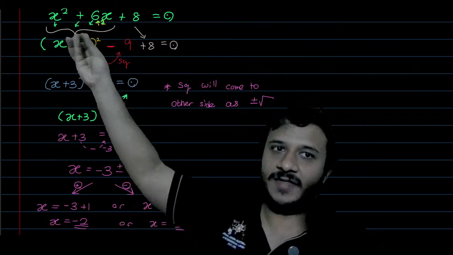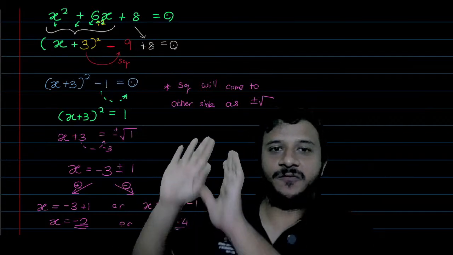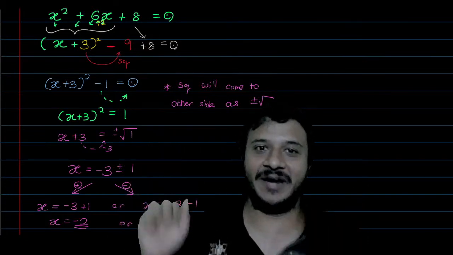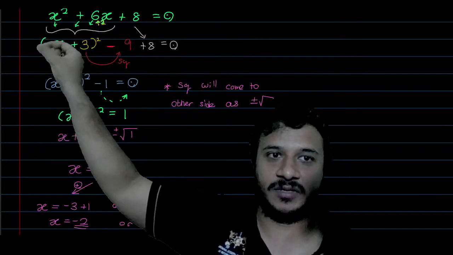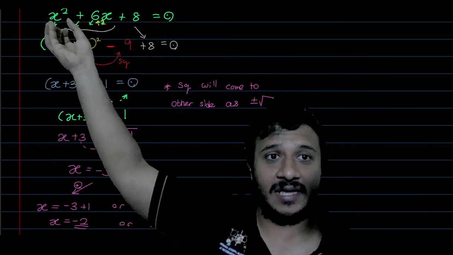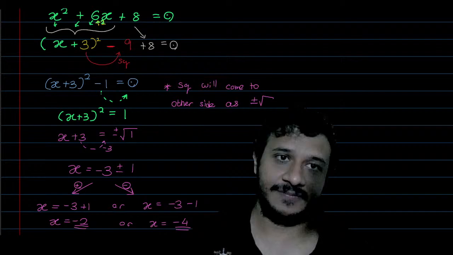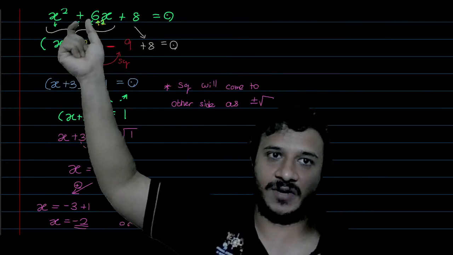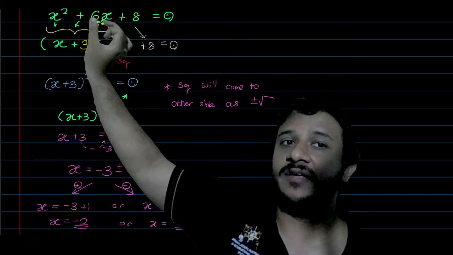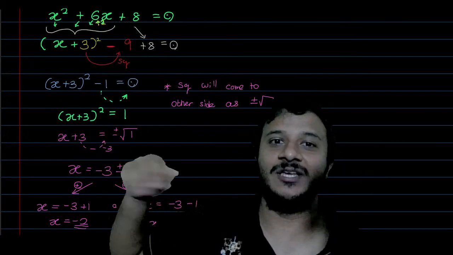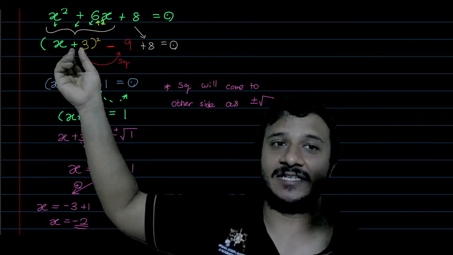First thing, if there was a value in front of x square, we would take it out as a big bracket. But luckily there was nothing. The next step, we open a bracket. X square comes down as an x. The plus or minus, whatever is there, will come down as it is. Whatever the number in front of x, or the coefficient of x, you half it and write it down.